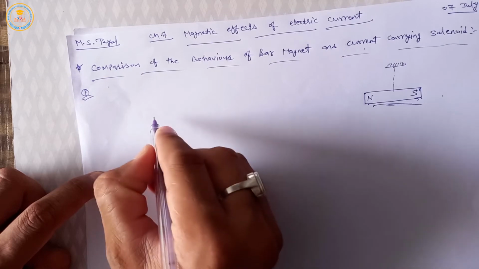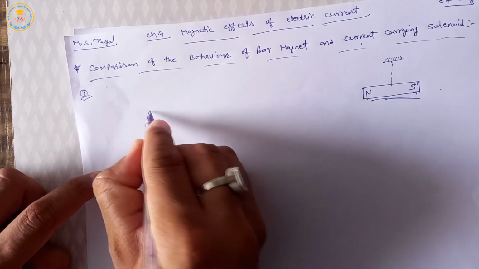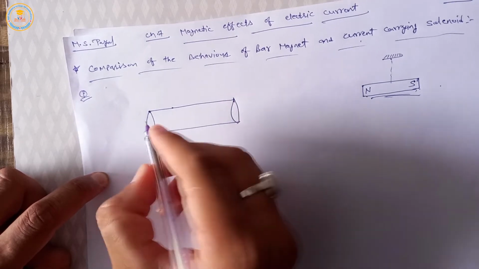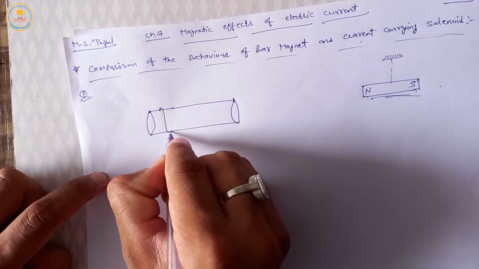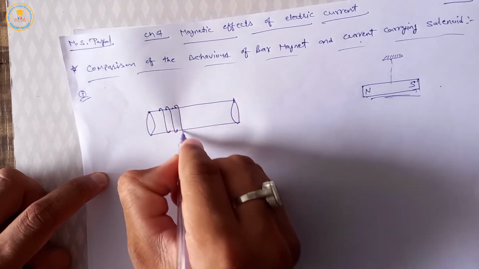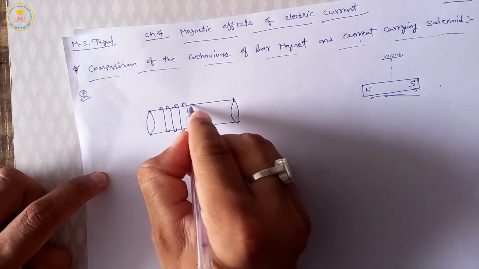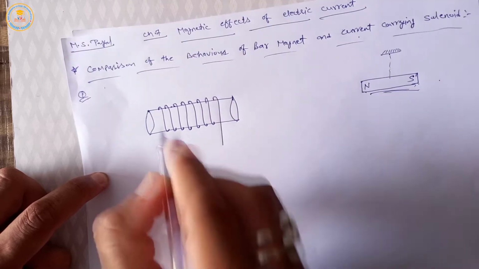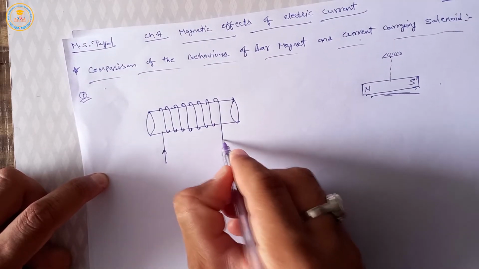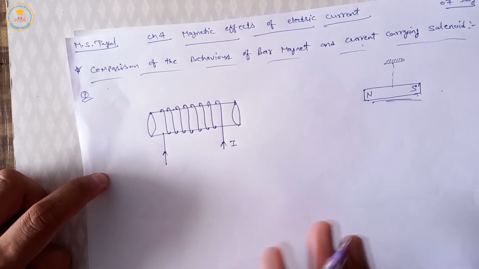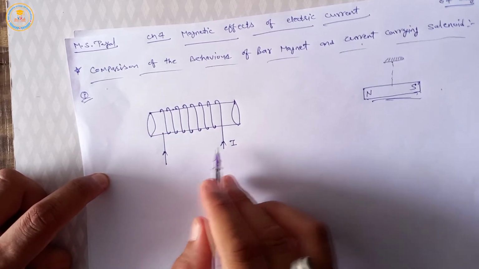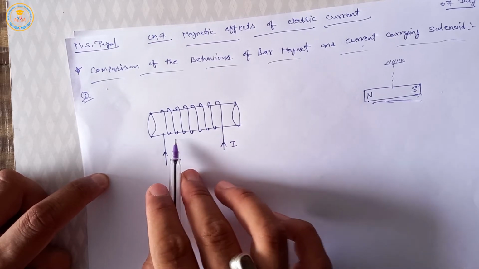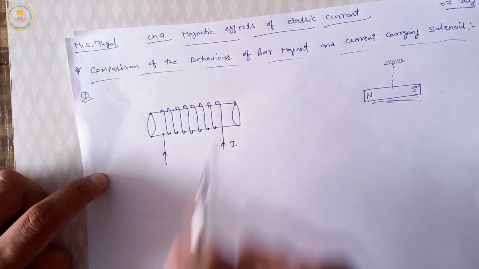suppose this is a solenoid, a current carrying solenoid, and this is a copper wire which is wound over this solenoid like this, and current I is flowing through this. Then we know that if current flows through this wire, a magnetic field will be produced inside the current carrying solenoid.